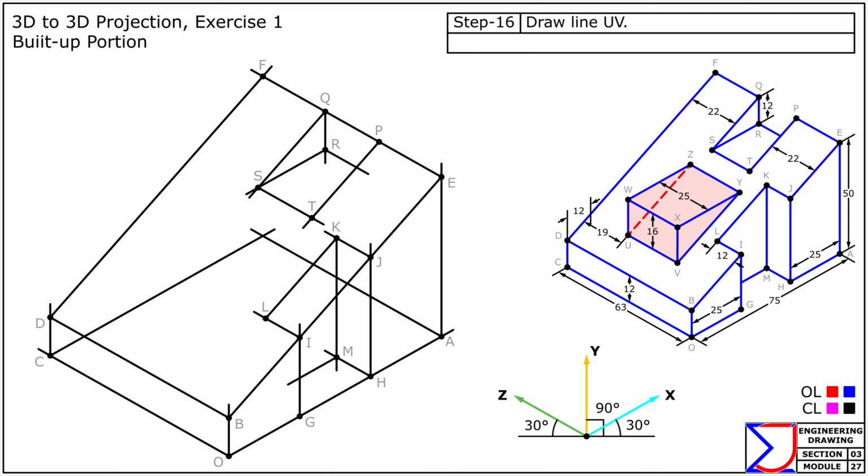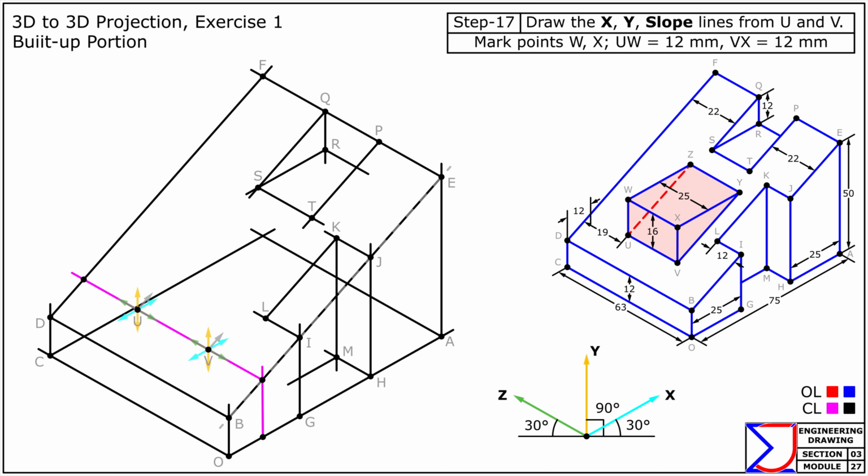Mark points U and V at their specified positions and join them. At points U and V, draw the remaining parallel lines. Mark points W and X at a distance of 16 mm from U and V respectively.